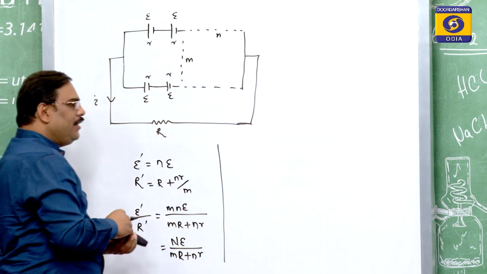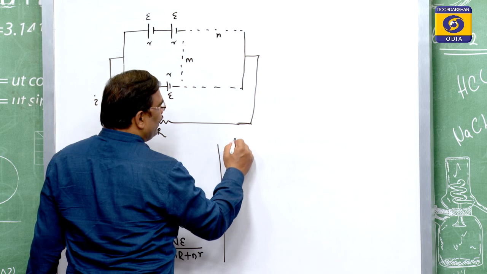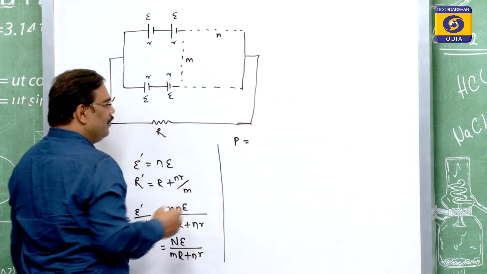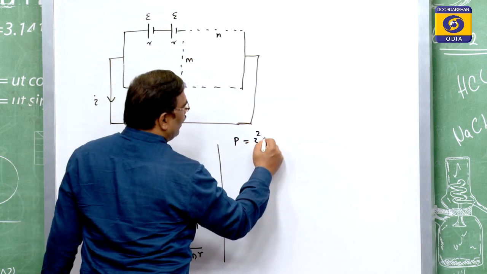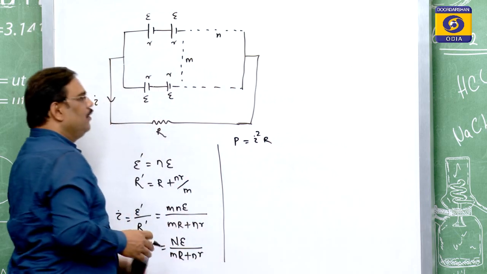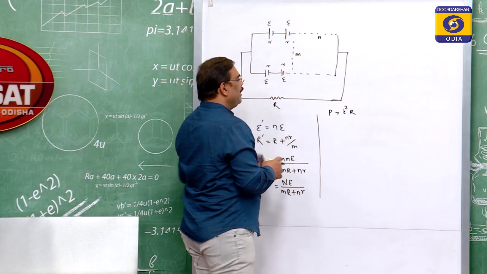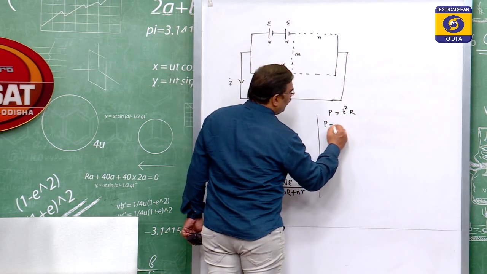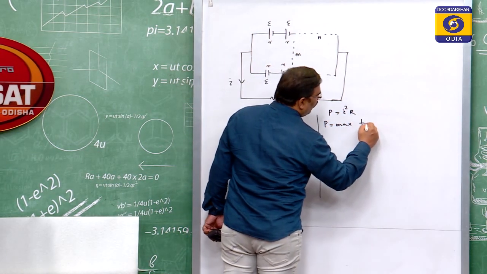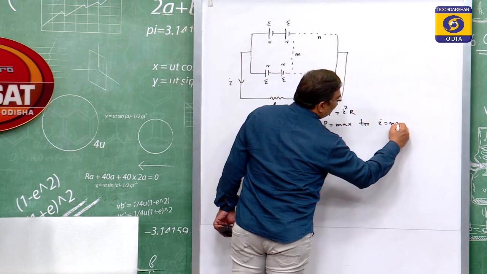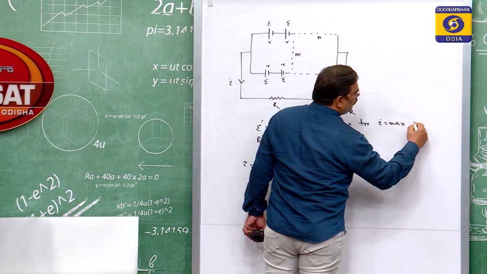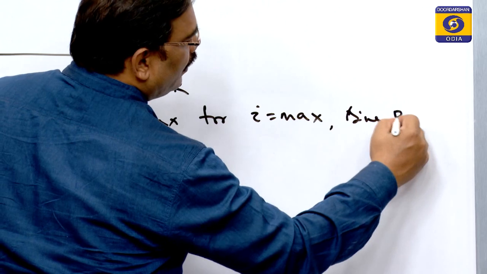So, the power delivered is given by I square R. Since R is constant, for maximum I we will get maximum power. So, P is maximum for I maximum, since R is constant.